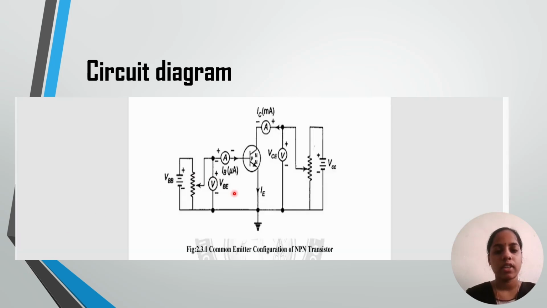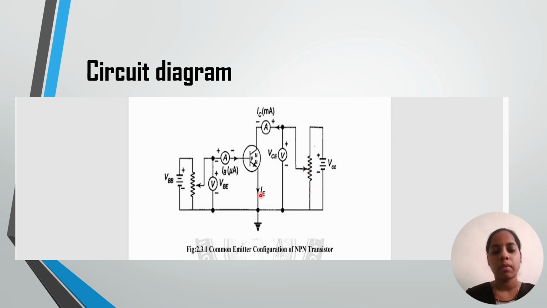Next, this is the circuit diagram of common emitter configuration. Here we have to take an NPN transistor. The input is base VBB and the output is collector VCC.